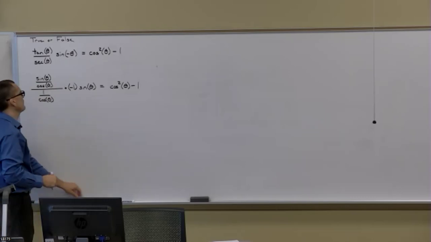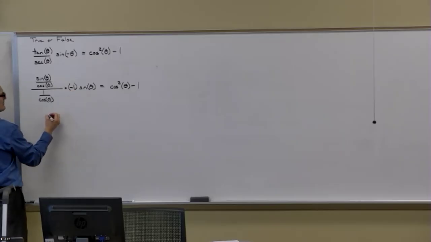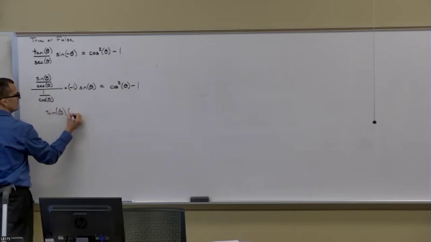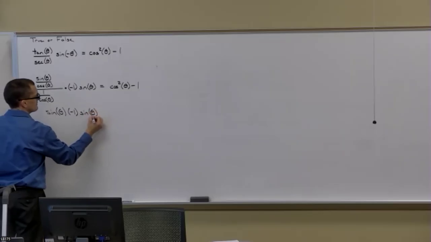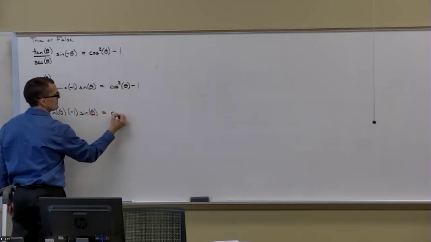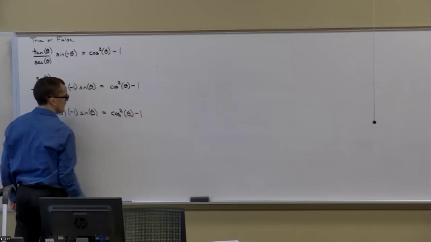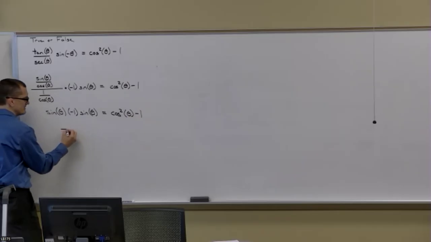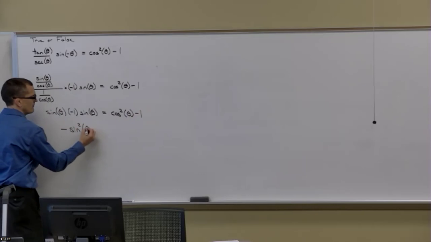So I'm going to end up with sine of theta times -1 times another sine of theta equals cosine squared theta minus 1. By the way, this whole thing on the left-hand side is negative sine squared of theta.